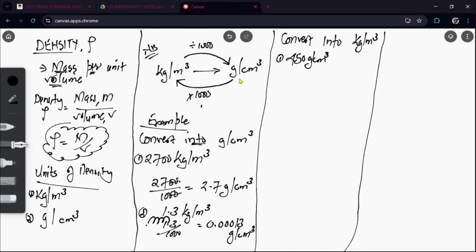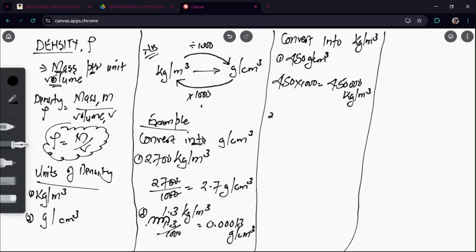I am moving from grams, I want into kg. So I multiply my answer by 1000. So I'll come and say 450, I multiply the value here by 1000, so that this will be 450,000. This is kilograms per meters cubed.